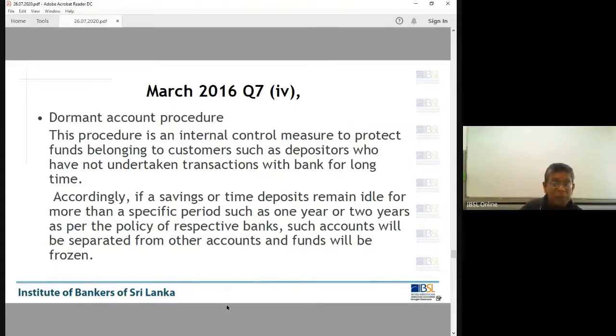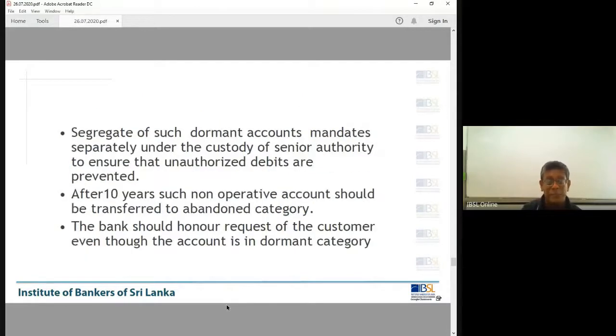So there is an internal control procedure adopted by your organization. What is the methodology? The moment your account becomes dormant, you need to take that particular mandate separately and keep it under one of your senior person's authority.